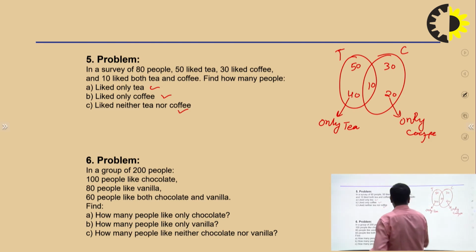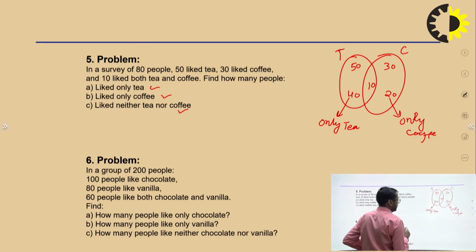Like neither tea nor coffee. So how will we calculate? The total students, total pupils, are 80.